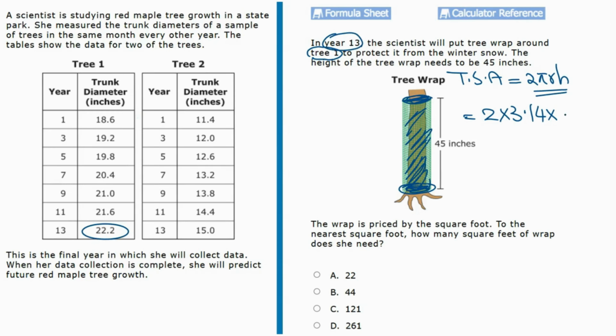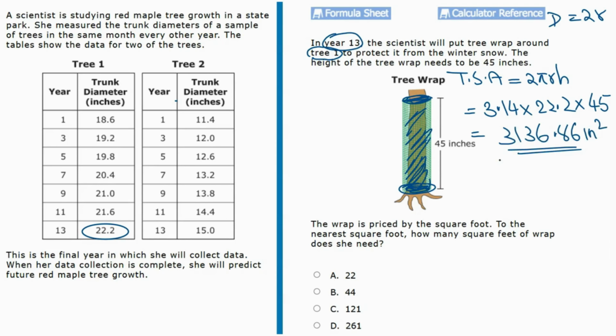So 22.2 means the radius is going to be 11.1, or you can directly put that 22.2 over here, because the diameter is 2r. So we have 2r over here, so you can just put that directly here. So it's going to be 3.14 times 22.2 times 45, which is going to be 3136.86 inch square.